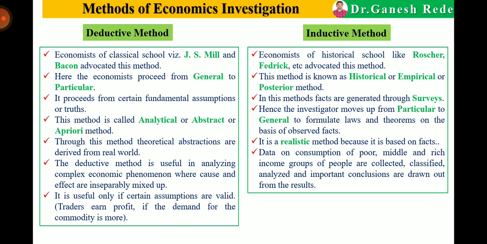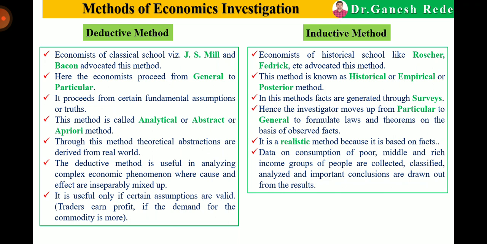Through this method, theoretical abstractions are derived from the real world. On the other hand, the inductive method is the realistic method because it is based on facts. So this is the difference between deductive and inductive.